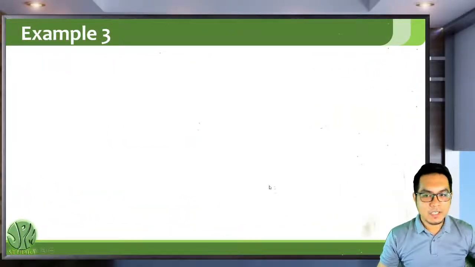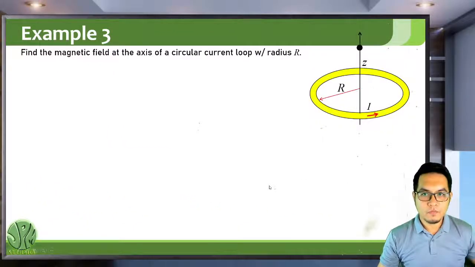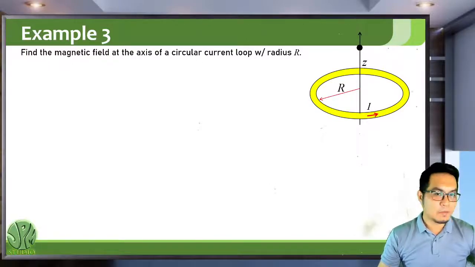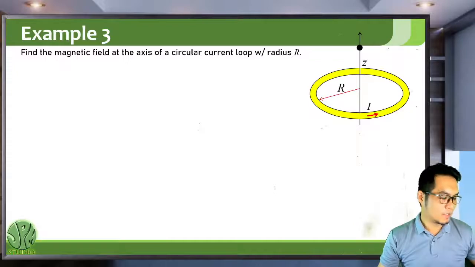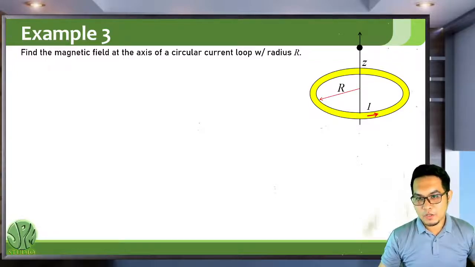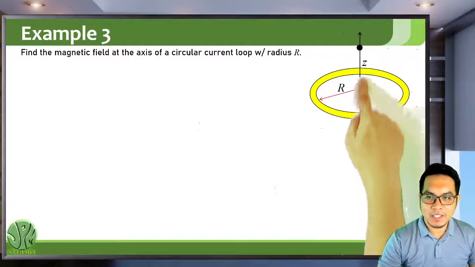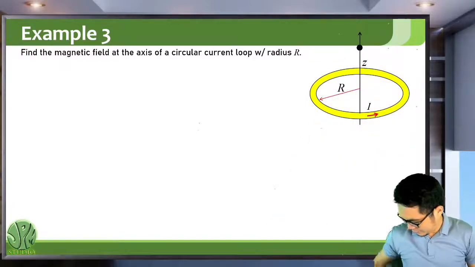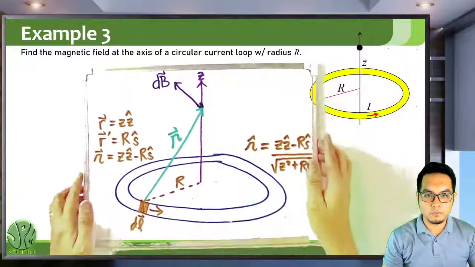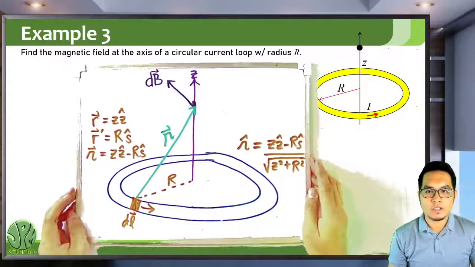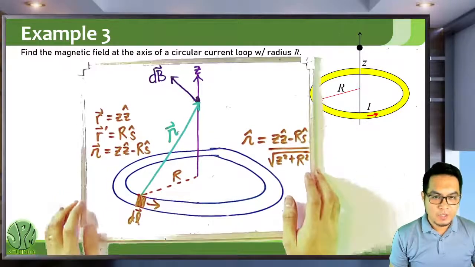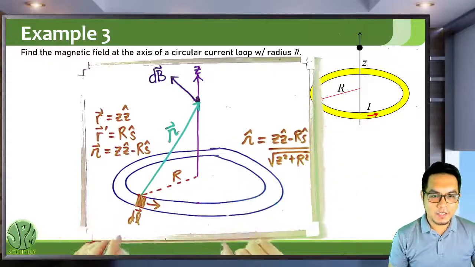So for the last example, we have a circular current loop with radius r, and find the magnetic field at the axis, so along its axis. So here we will assume that its axis is the z axis. So I redraw the loop. So its axis is the z axis.